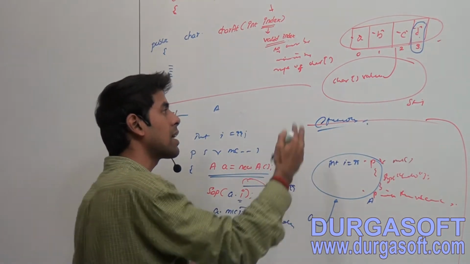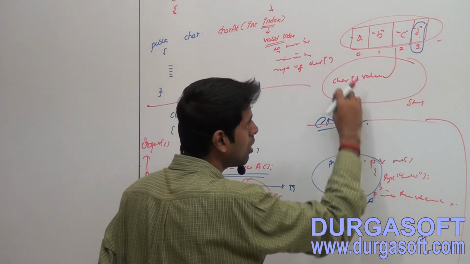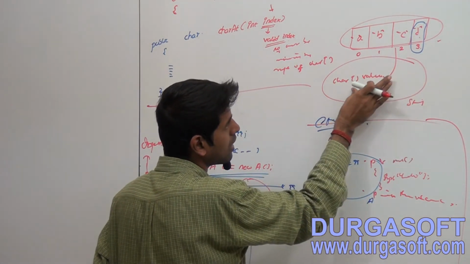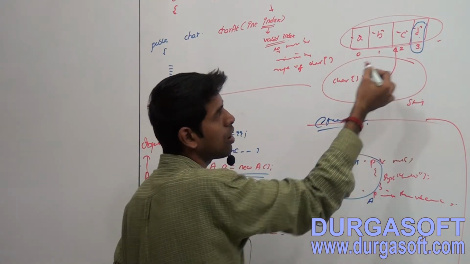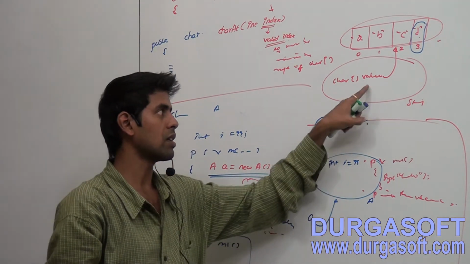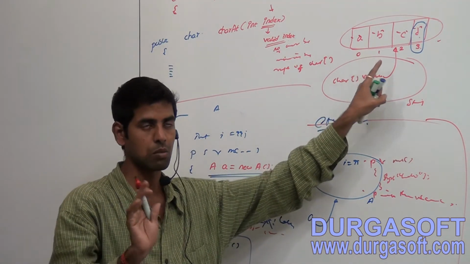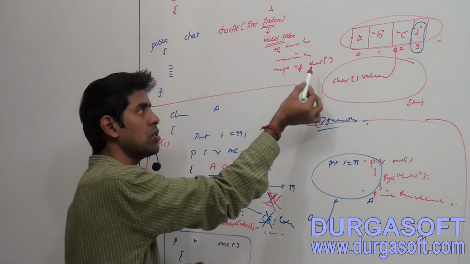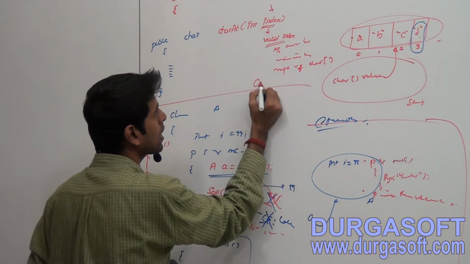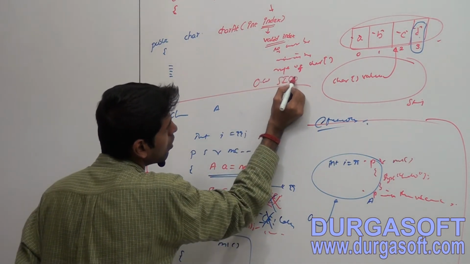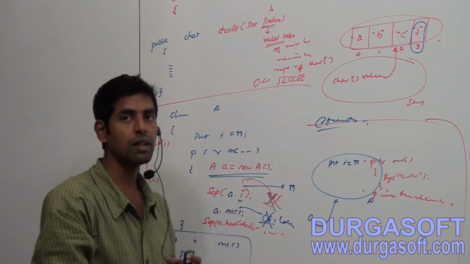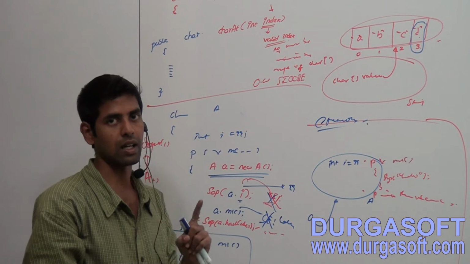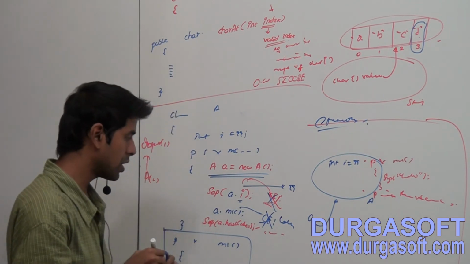I don't have space to write this within the string object, that's why I'm writing it outside. So it must be within the range of the char array, otherwise a StringIndexOutOfBoundsException will be raised at runtime.